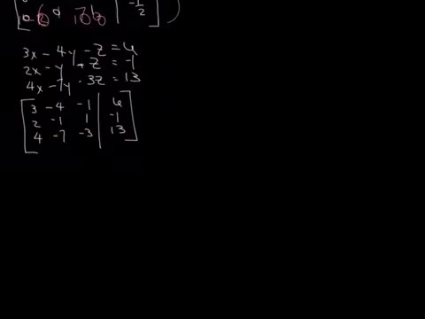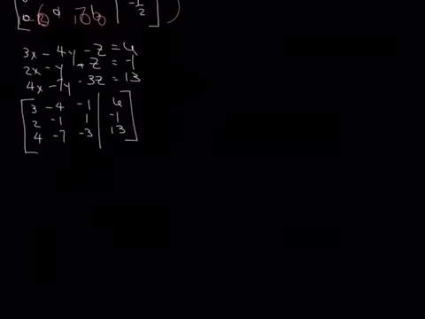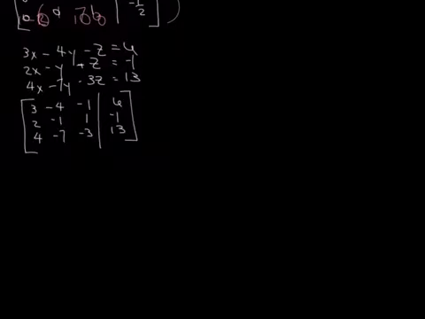When that happens, when you get a row that consists only of zeros, basically what that means is you have an infinite number of answers here. That means that the graphs lie on each other and there's an infinite number of solutions.